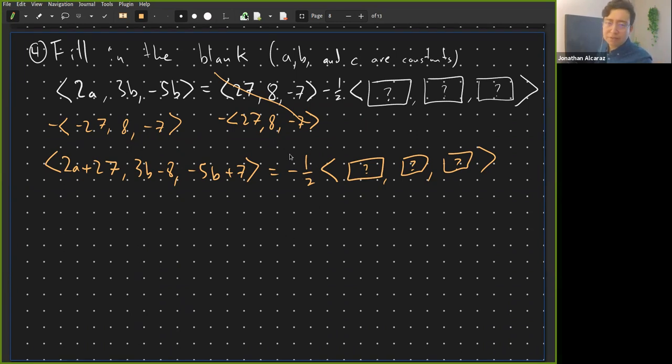Because negative 2 times negative 1/2 is just a 1. So now it just becomes multiplied by 1. So multiply everything by negative 2. So over here, they cancel. And on this side, I basically just multiply everything by negative 2. So that's negative 4a minus 54.